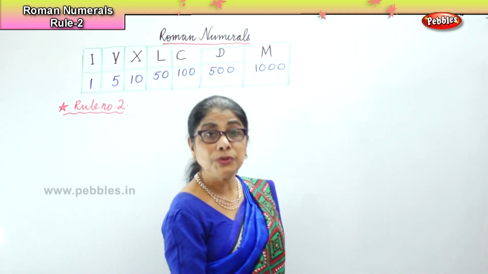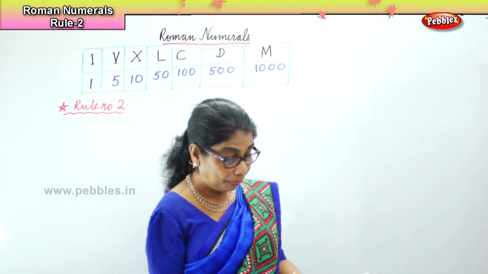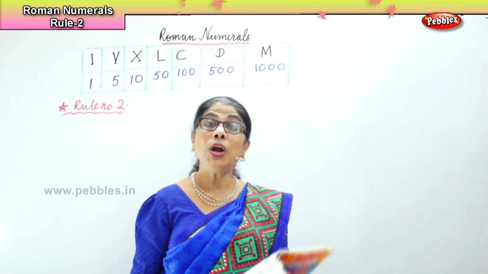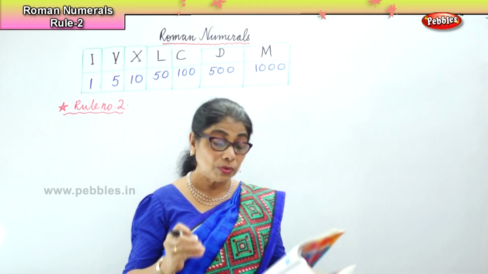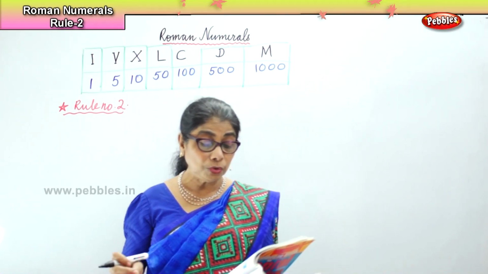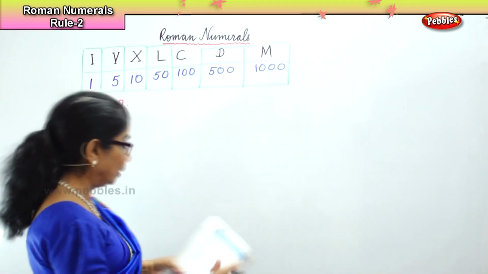Rule number 2 tells us that a smaller numeral written to the right of the greater numeral gets added.